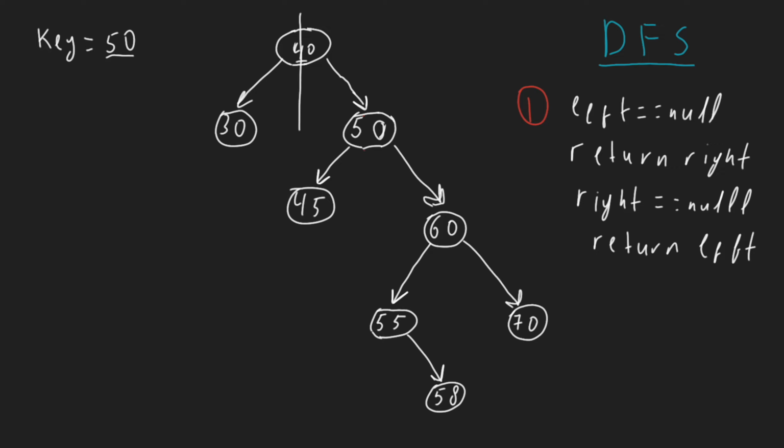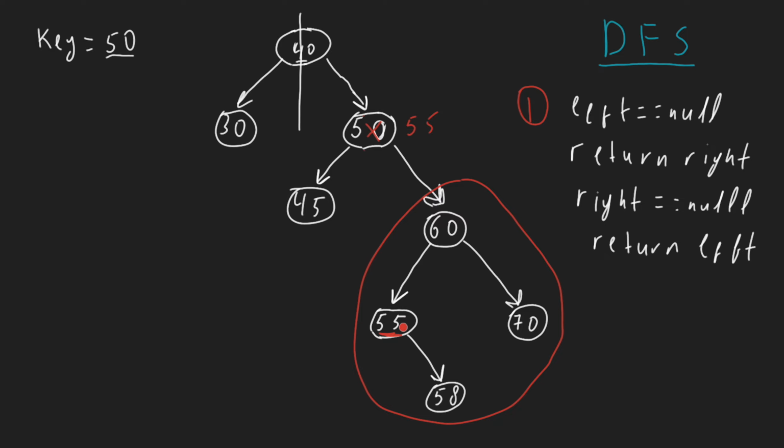So what we are going to do is, in our right subtree, find the node with the smallest value. We do an in-order traversal and find the node with the smallest value. In this case it's 55, so we find 55 and replace the value here with 55.